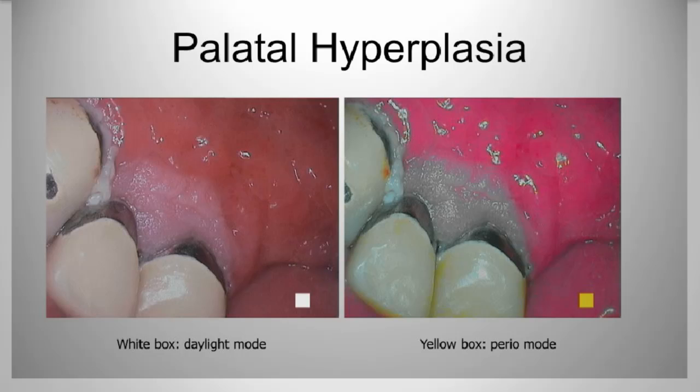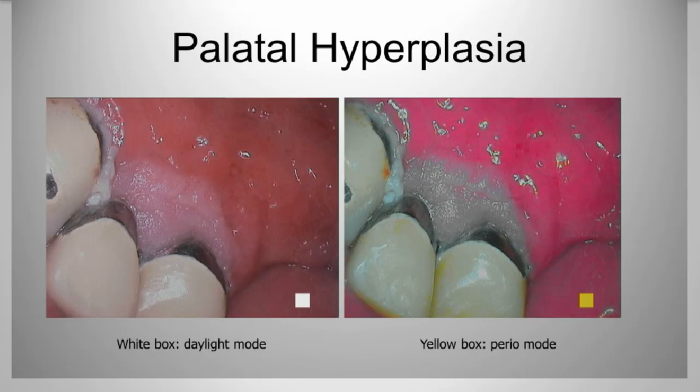So I do want to bring to your attention, if any of you are thinking about it, it is very easy to see the different modalities, just as we're talking about as dental professionals. What I like about this system too is if you see this little white box down here, I just made a note to remind myself to tell everyone that the white box tells me I'm in daylight mode. When I see a yellow box, I'm in perio mode.